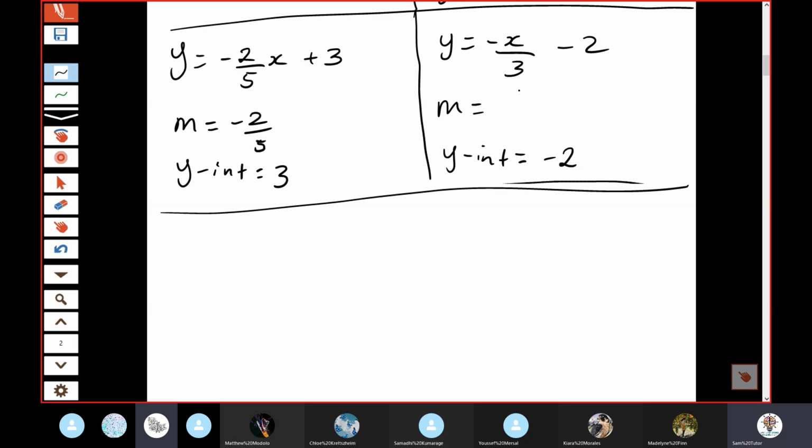Is the gradient -1/3? Be strict. Good job. -1/3. Just because the one's not there doesn't mean you ignore it. You have to remember that it is -1/3. So -1/3. Well done, Zara.